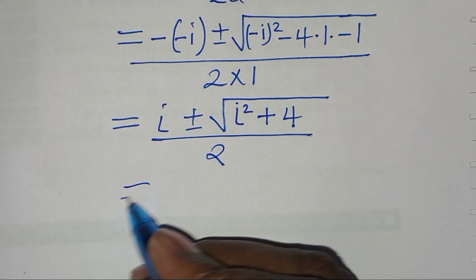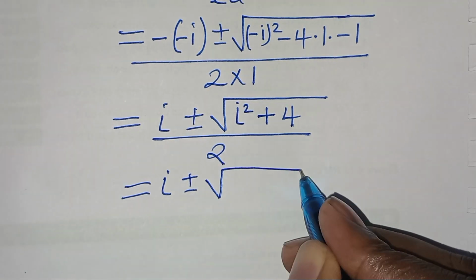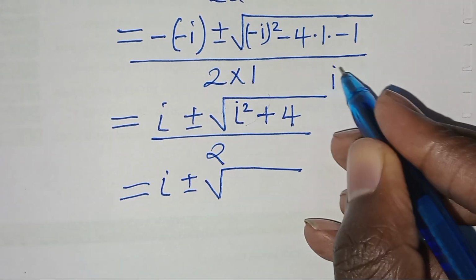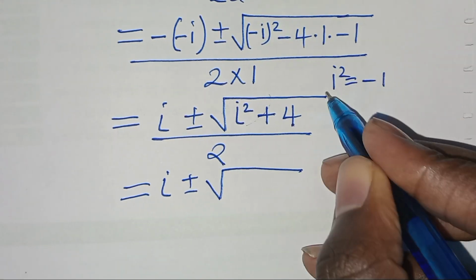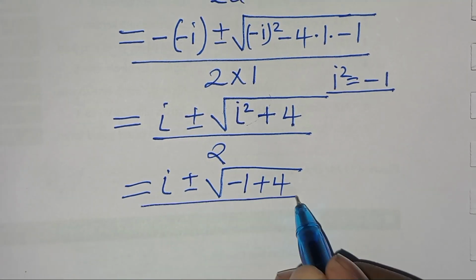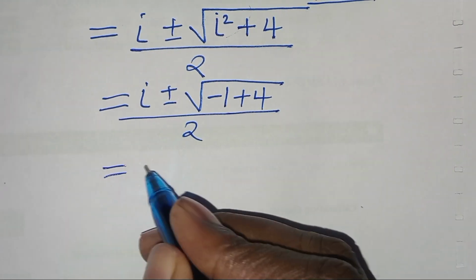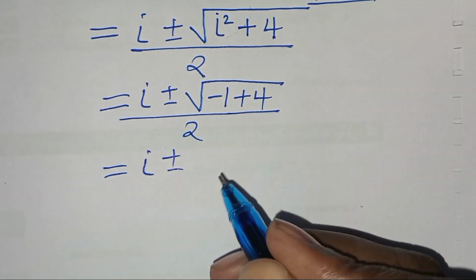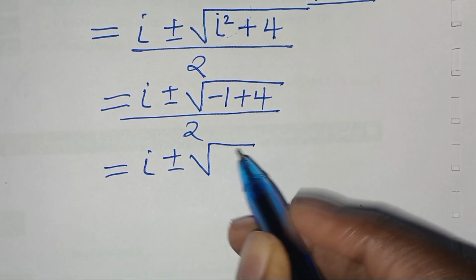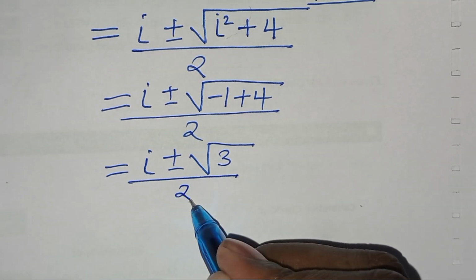So this implies that here we have i plus or minus the square root of i squared, this is the same thing as minus 1. So this is minus 1 plus 4, divided by 2. So we have i plus or minus the square root of minus 1 plus 4, this is 3, divided by 2.